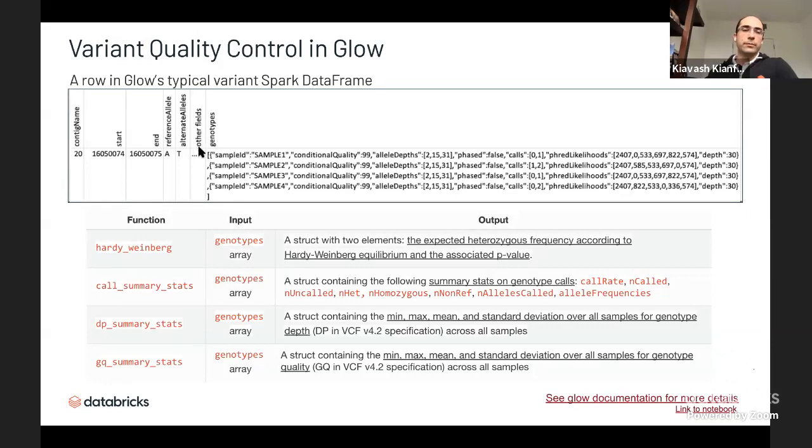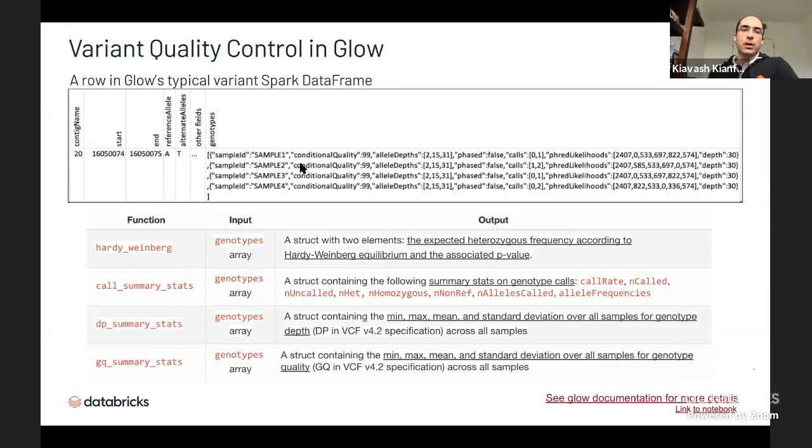There are many other fields as well, probably your info fields in a VCF, but each one of these functions gets some statistics on each variant, and they are usually applied on the genotypes column, which has the bulk of the information in the VCF, which includes the sample IDs and calls and the allele depths for each sample in your variants.